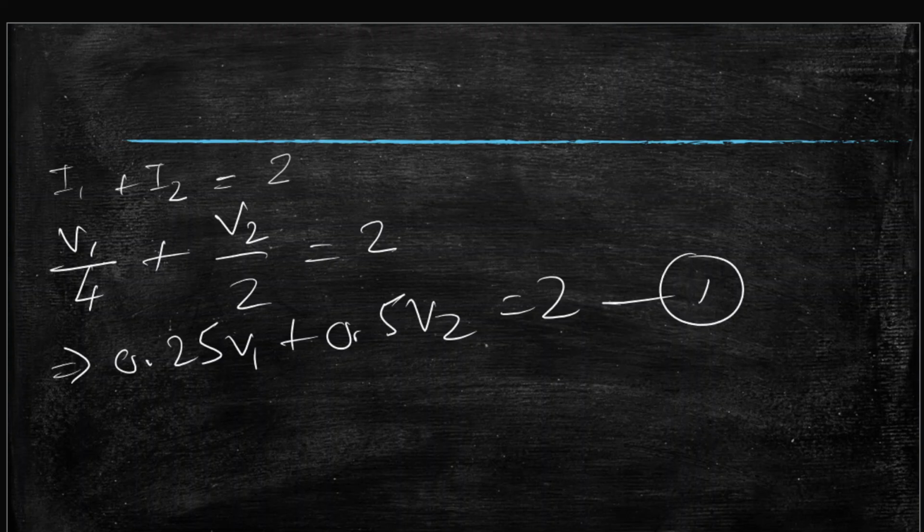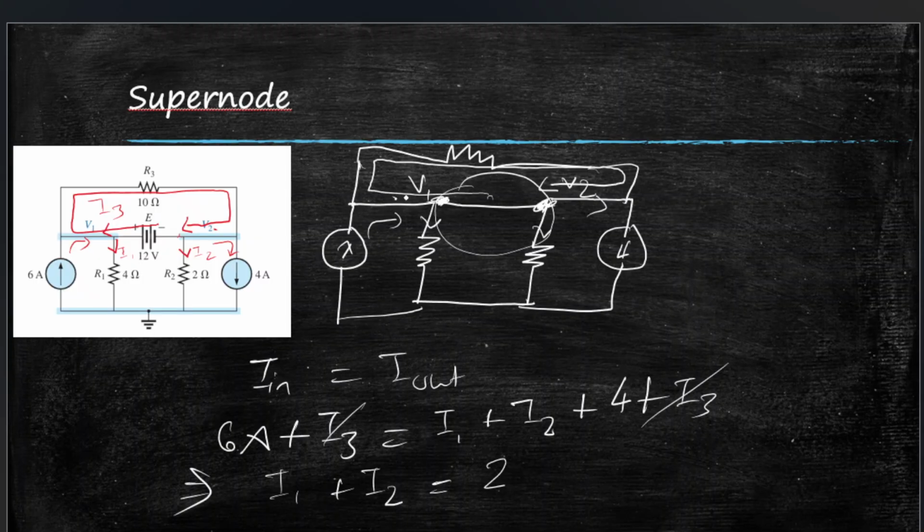Now for the second equation, we will establish a relationship between the two nodes and the voltage source. So we'll place the voltage source back in our head as it was here. We won't draw it. Now we have to establish a relationship between V1 and V2. For V1 and V2 we take its resultant, right? We do V1 minus V2, and E is in the place of the resultant in the middle.